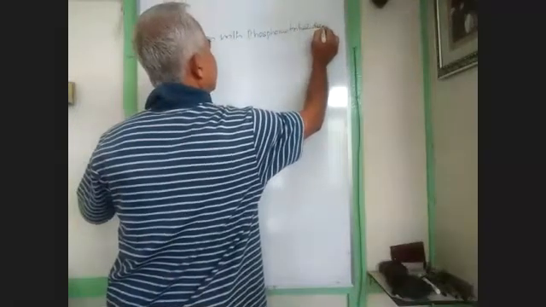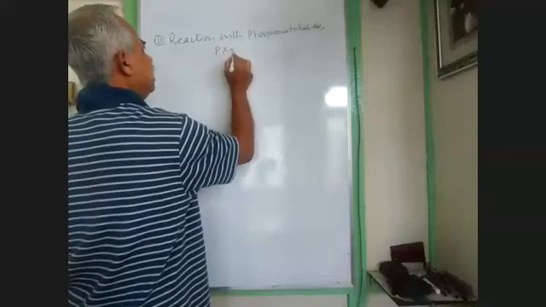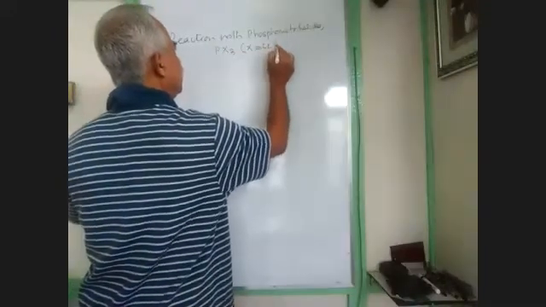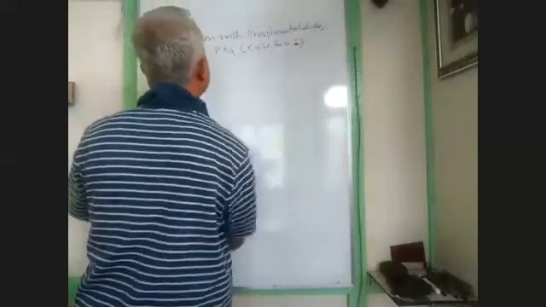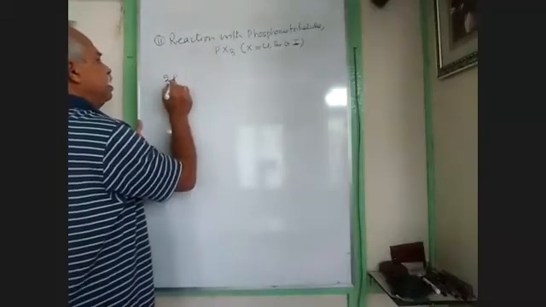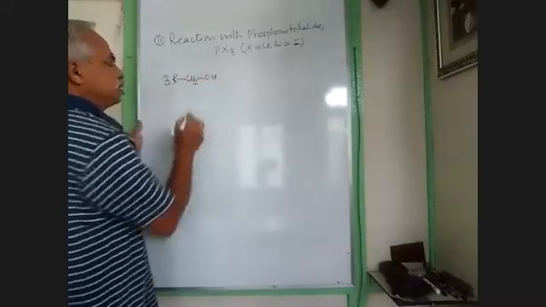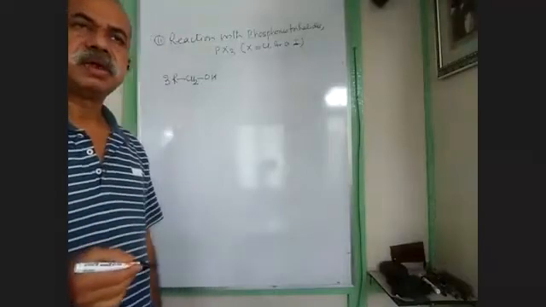Okay. I'll write here PX3, where X can be chlorine, bromine, or iodine. So in this case, it is a little different. You'll find RCH2OH. See, in case of thionyl chloride, 1 molecule of alcohol reacts with 1 molecule of thionyl chloride.